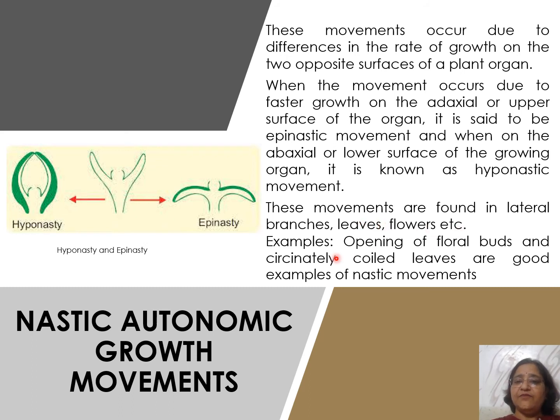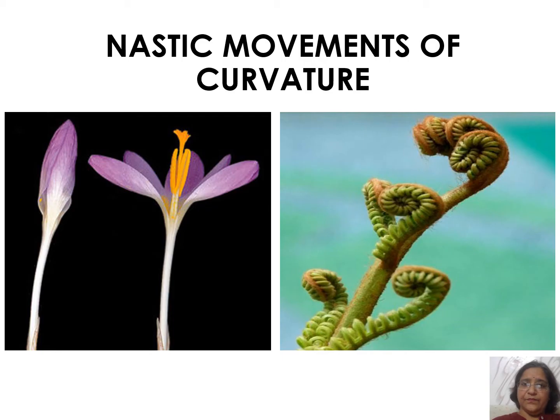These movements are found in lateral branches, in leaves, in flowers. Opening of floral buds and circinately coiled leaves are the best examples of nastic movements. Here also you can see nastic movements, bud opening of the flower.